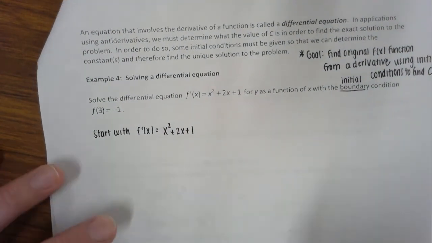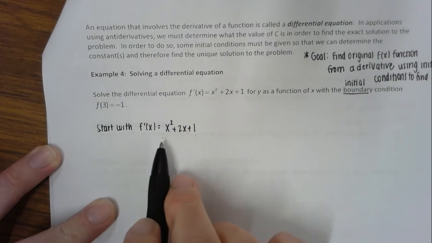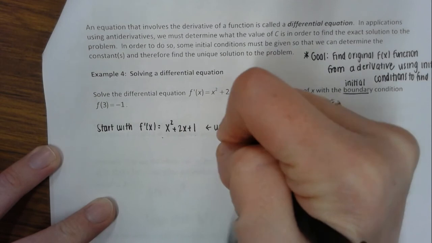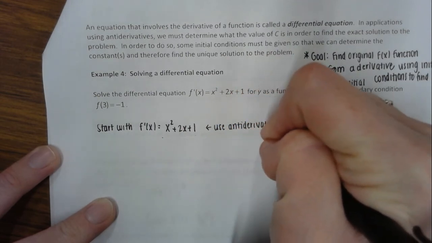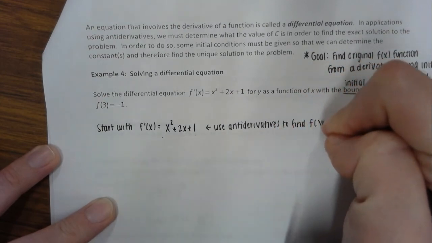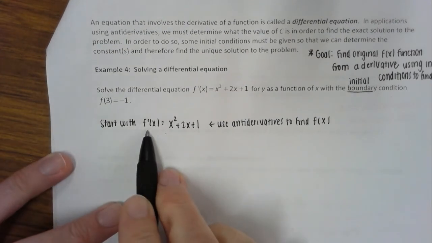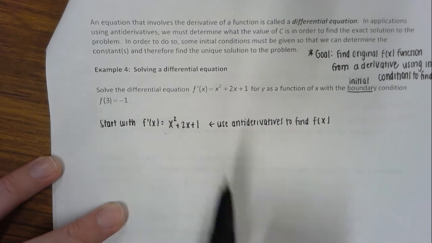And I want to use antiderivative rules to actually find out, going backwards, what the original f of x function was. So I'm working backwards from an f prime, and I want to use my antiderivative rules to find the antiderivatives of this to find out what my original function was.